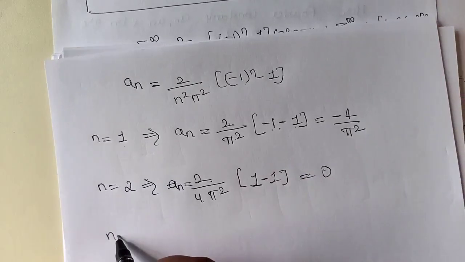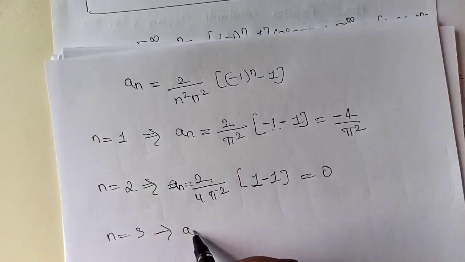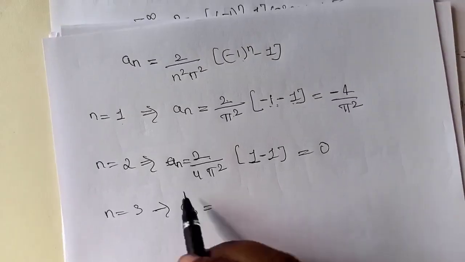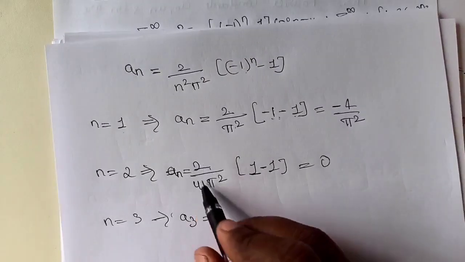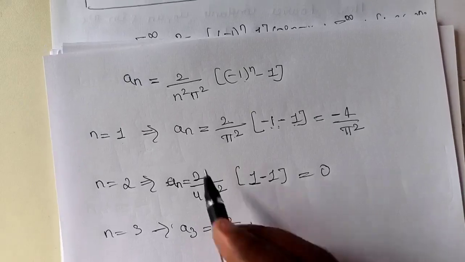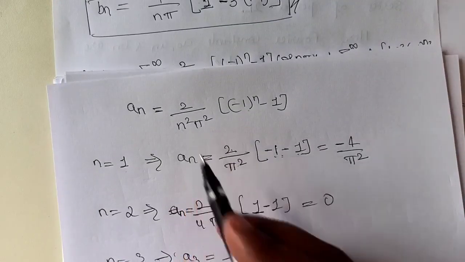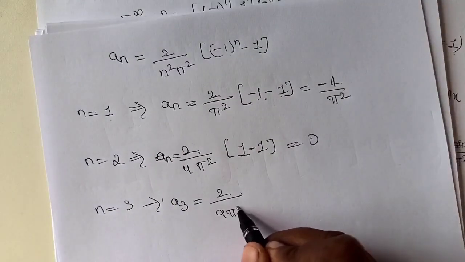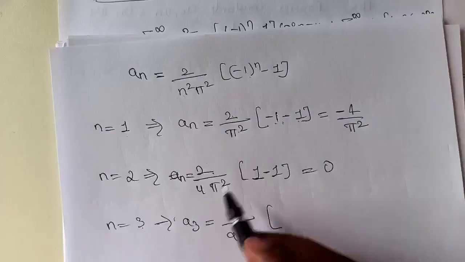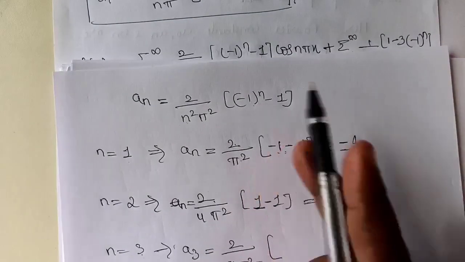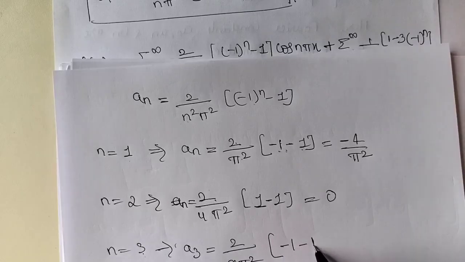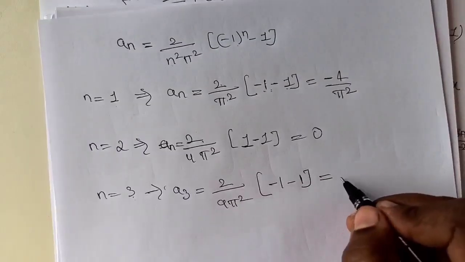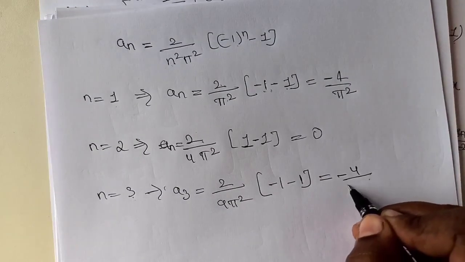For n equals 3, a3 value is 2 divided by n square, that is 3 square, which is 9 pi square. So for n odd it is minus 1, which gives minus 4 divided by 9 pi square.